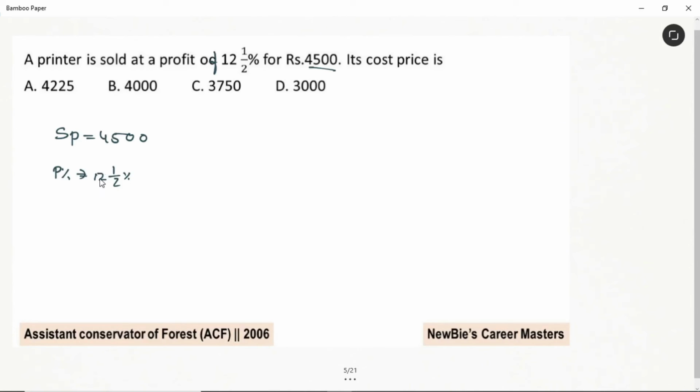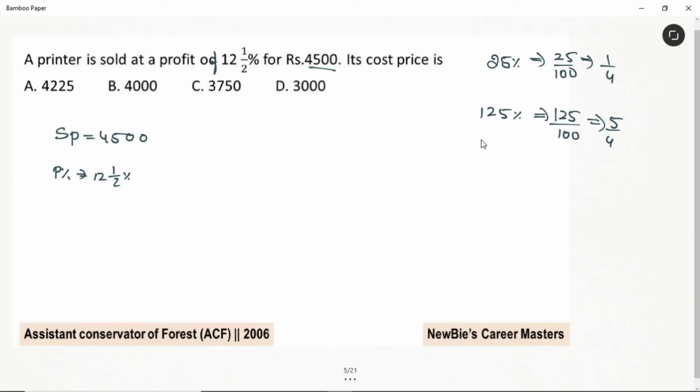Before continuing this, I'll teach you one technique. 25% means 25 divided by 100, so fraction value is 1 by 4. 25% profit means 125%, that is 100 plus 25, 125 divided by 100. I can take this as 5 by 4.